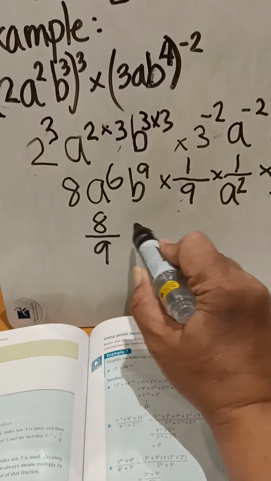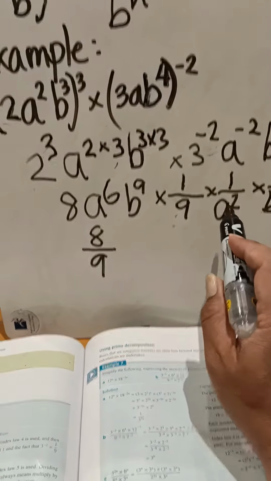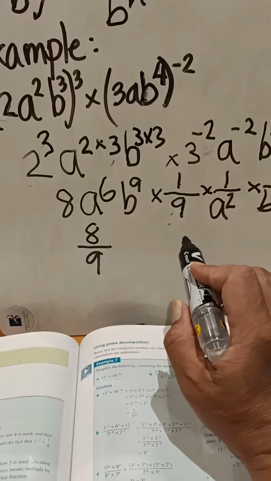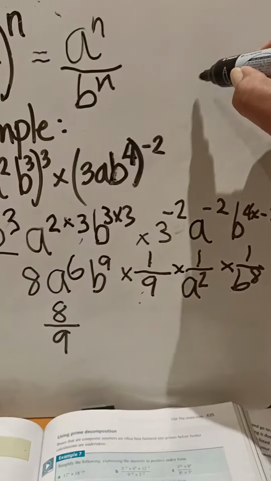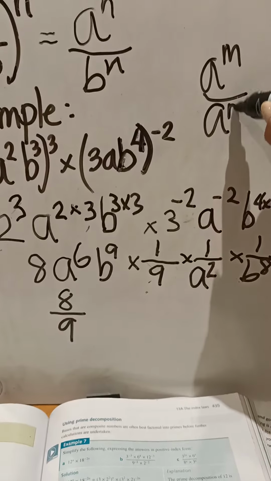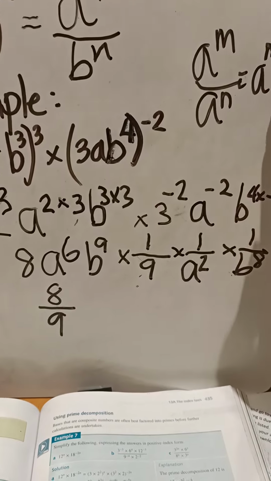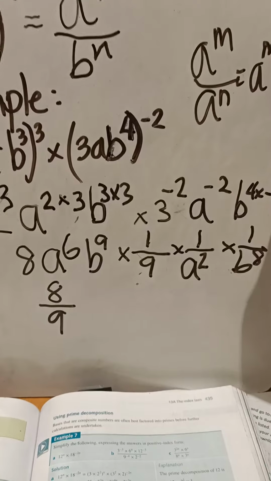Times a to the 6 divided by a squared. So second law here: a to the m over a to the n is copy the base a and subtract the denominator's exponent from the numerator's, so m minus n.